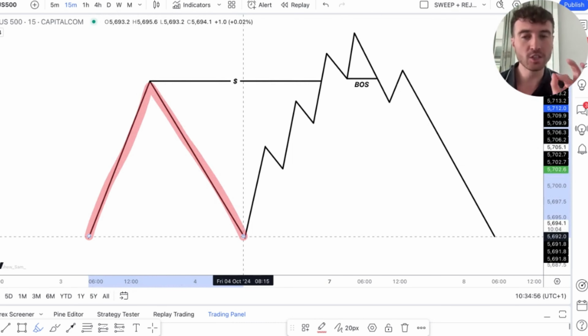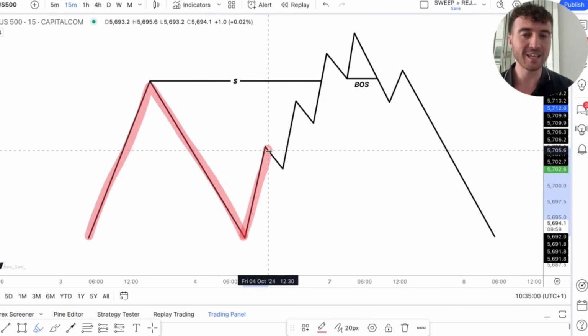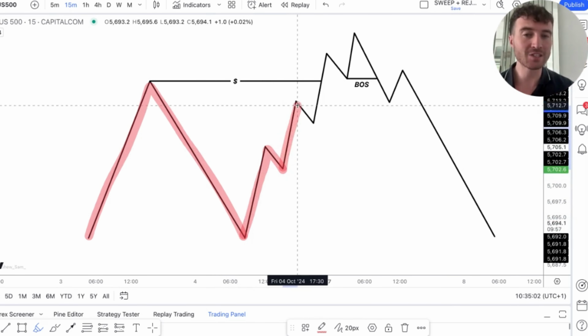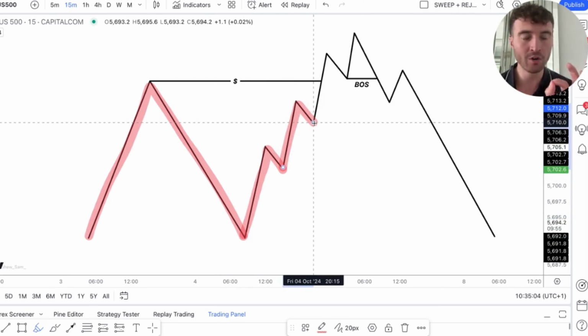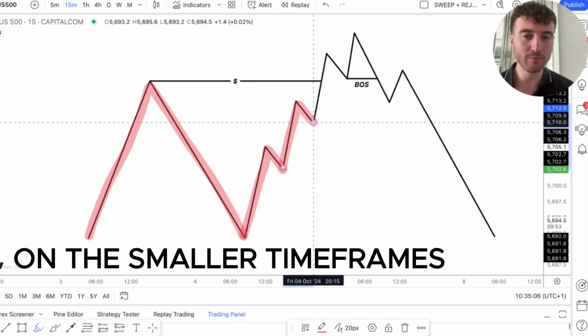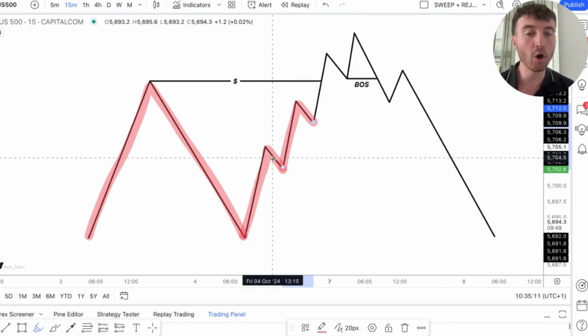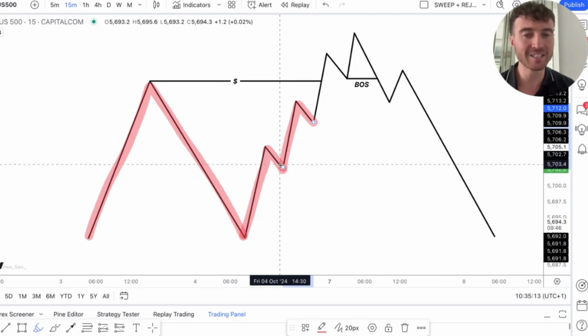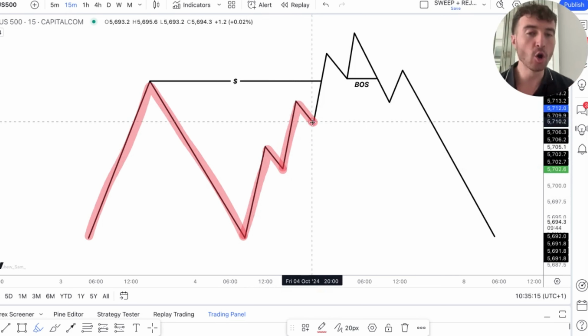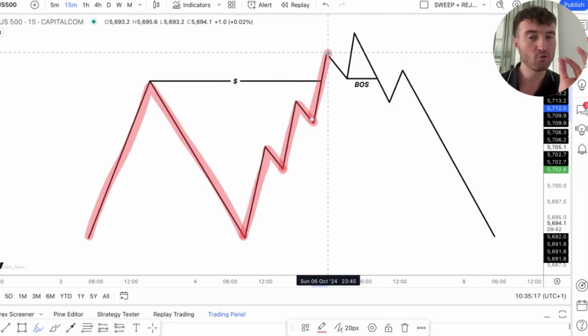However, when you drop down to the lower time frame, this right side here indicates what it's going to look like on the smaller time frame. Price is going to chop up, making higher highs and higher lows up above, raiding that buy side liquidity.